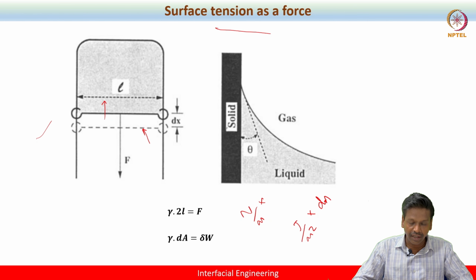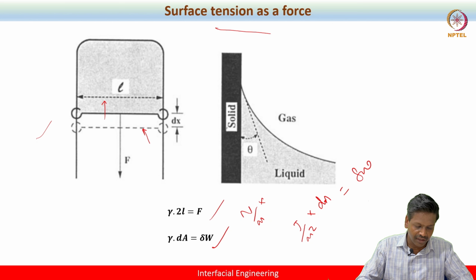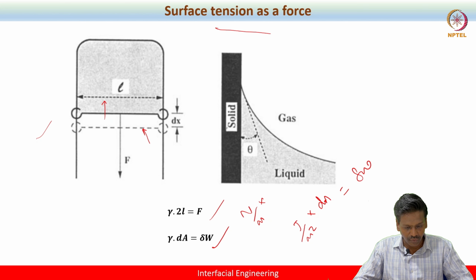So if you multiply that with the change in area, one would get simply work done. I think we have also seen this in the previous lecture. So gamma dA would result in work done, whereas the displacement multiplied by gamma would result in force. So that is what exactly we captured in this equation. Okay, this is surface tension as a force.